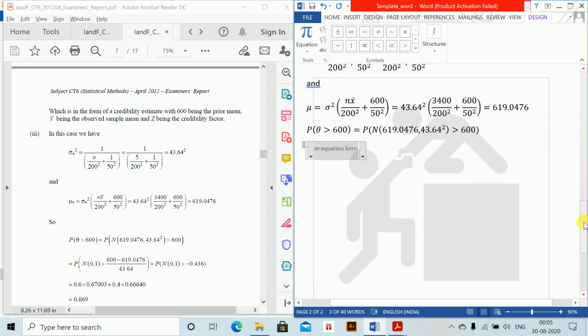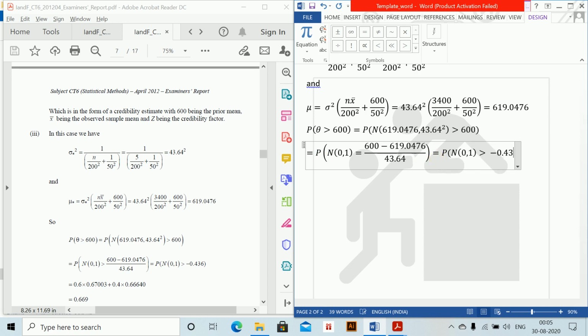Therefore, it equals the probability that a normal (0,1) is greater than (600 minus 619.0476) divided by 43.64, which is the probability that N(0,1) is greater than minus 0.436.